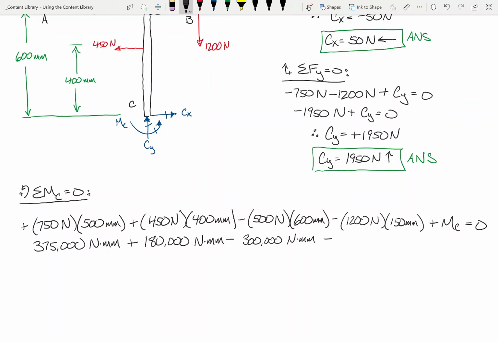Minus, and then 1200 times 150 is 180,000. So we start collecting like terms and adding all this up. The plus 180 and the minus 180 are going to cancel, and all we're going to be left with is 375 minus 300. So that's going to be 75,000.